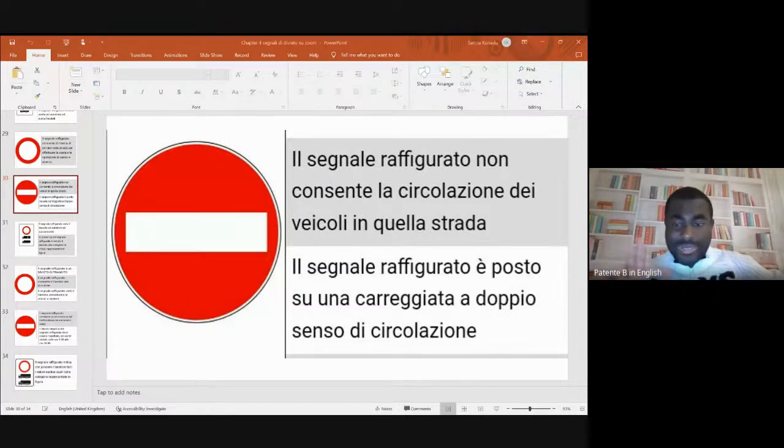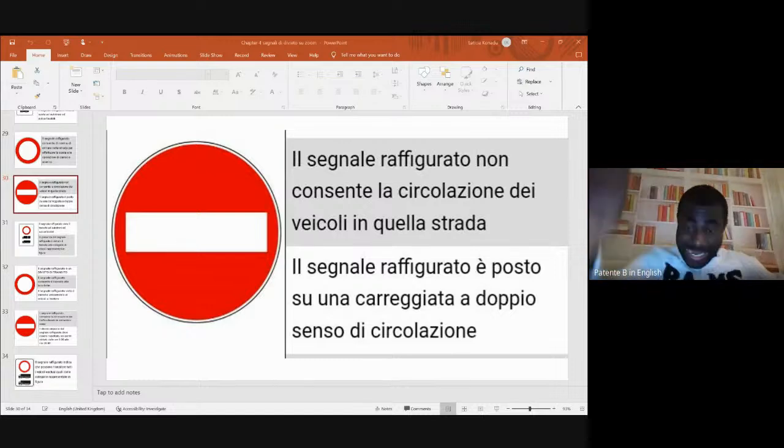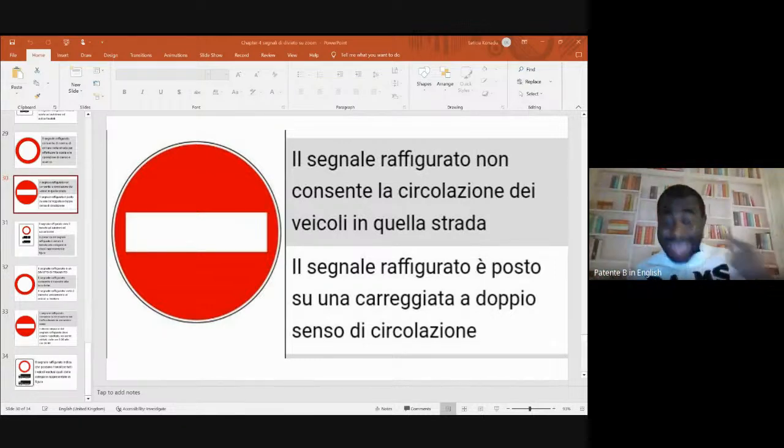Guys, it is not forbidden. If you see this signal, it doesn't mean that vehicles cannot move through the road. It only says that vehicles cannot enter, but they can enter from the other side. So if vehicles can enter from the other side or from the other entrance or sense, it means that vehicles can still circulate or transit on the road.